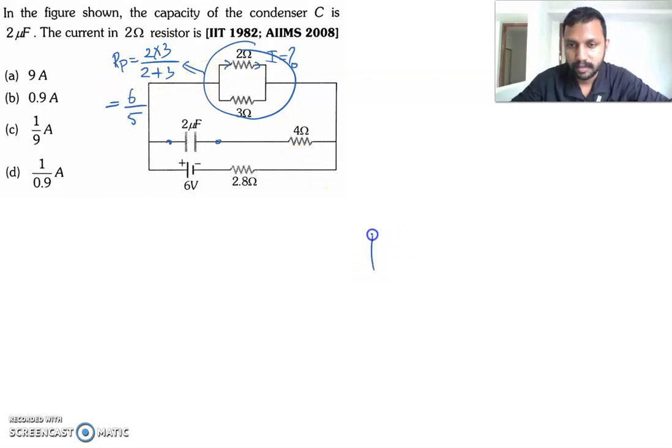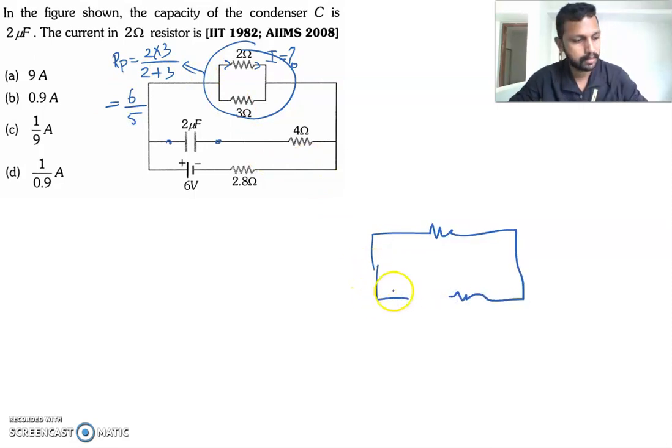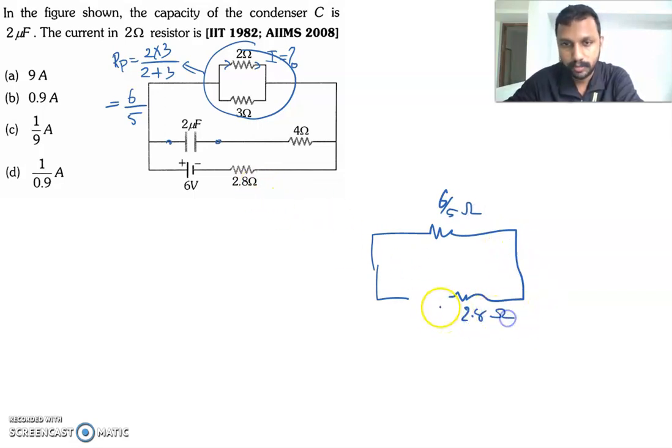Okay, then we could redraw our circuit like this. Therefore, this resistor is 6 by 5 ohm, and there is a 2.8 ohm resistor over here.